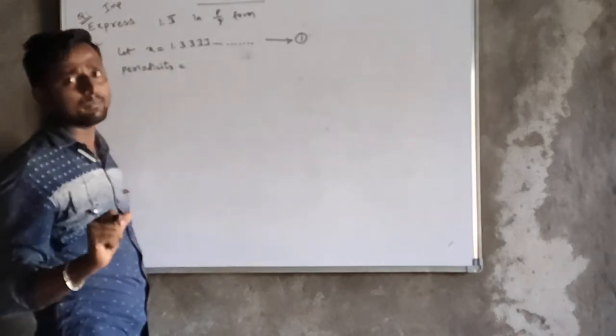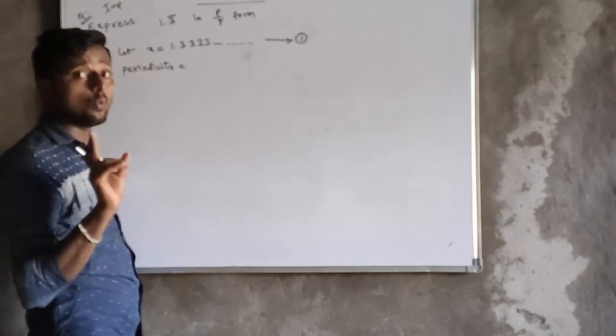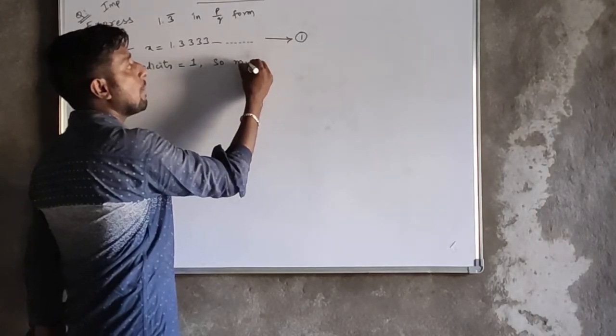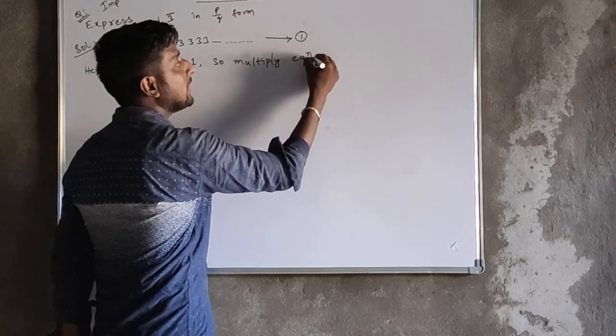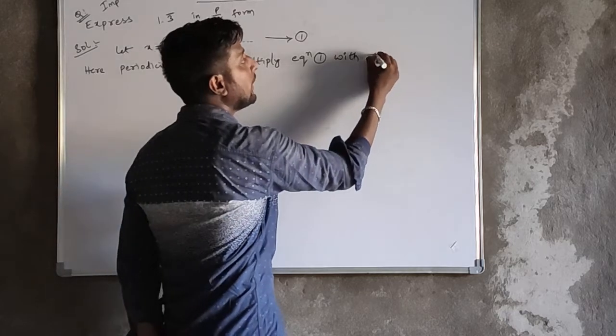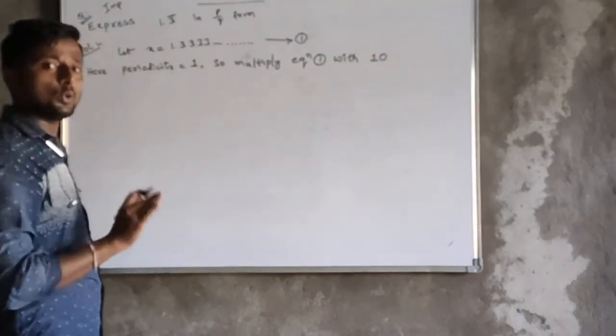You know the difference between periodicity and period? Period is 3, but periodicity is 1. So multiply equation 1 with 10, both sides.